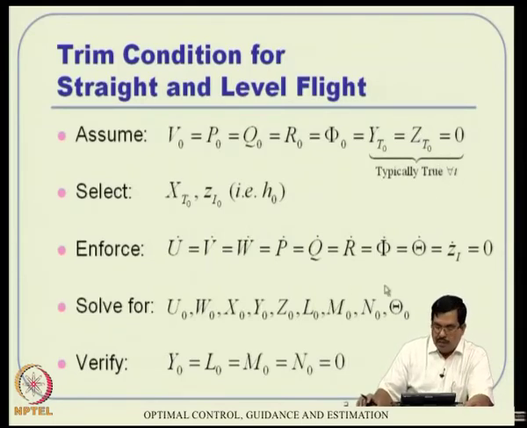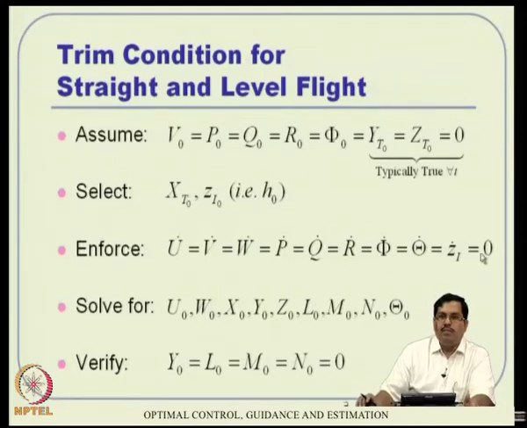Under these assumptions you select the thrust level, whether I want to operate at 5%, 10% or 15% of maximum thrust, and then fix what height you want to fly. Once you do this, all these variables are either 0 or known.